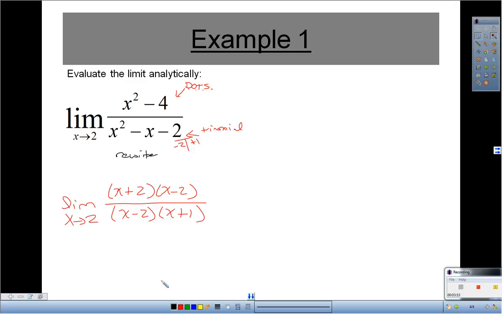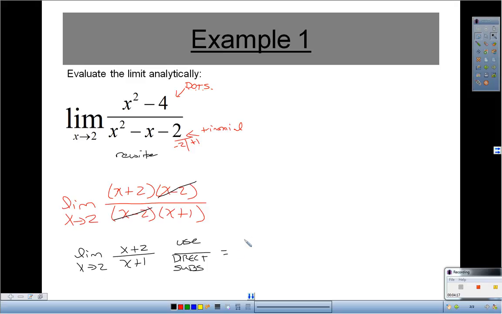And here's the trick. Because I've done that, I notice that this x minus 2 in the numerator and this x minus 2 in the denominator will cancel each other out and reduce. That leaves me just with x plus 2 over x plus 1. Now I can use direct substitution to figure out what my limit is.